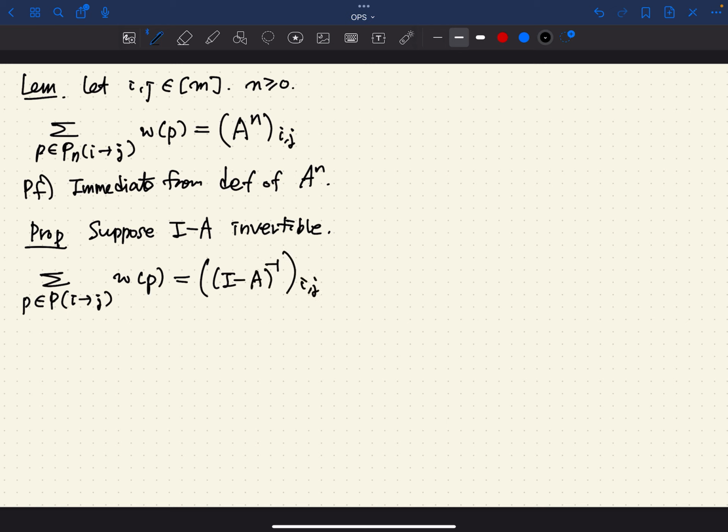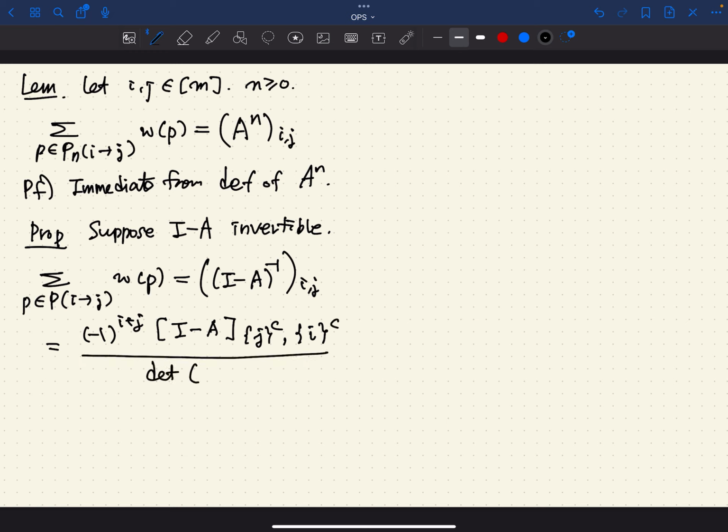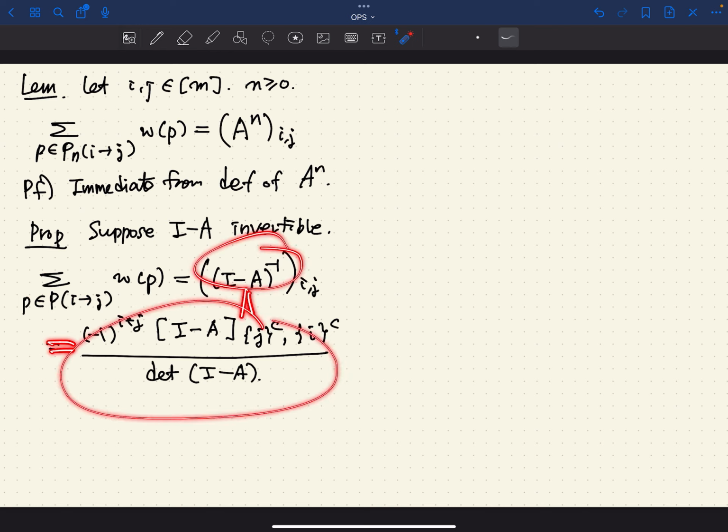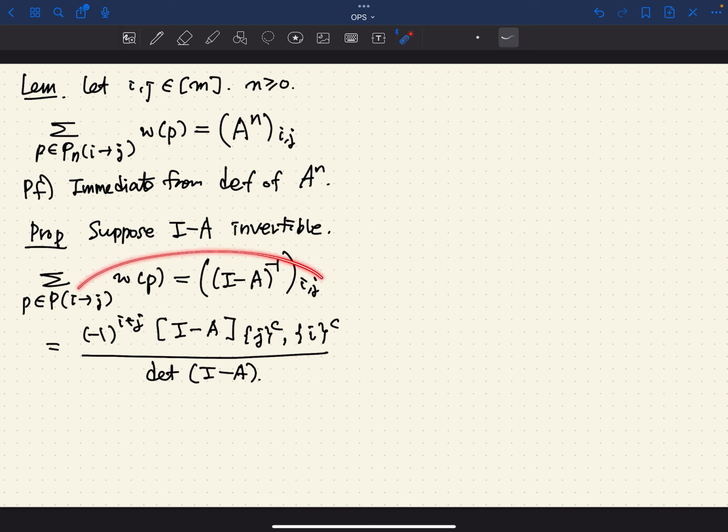And this is also equal to (-1)^(i+j) times the minor of I minus A, divided by the determinant of I minus A. This is the inverse minor formula. Actually, this is what we want to show. The equality between these two is just the minor inverse formula, so we already know that. So we only need to prove the first equality.